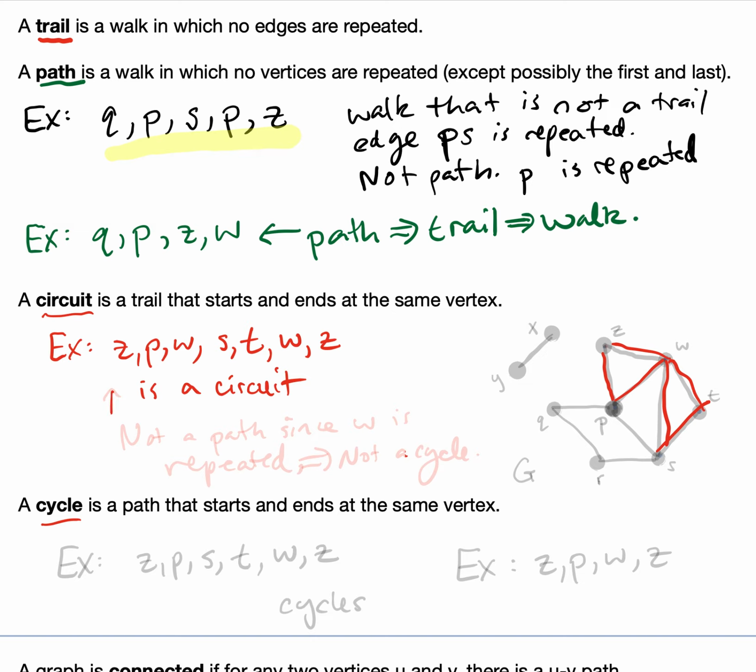So this example up here is not a path since W is repeated, and therefore is also not a cycle. An example of a cycle in this graph would be the cycle Z P S T W Z.